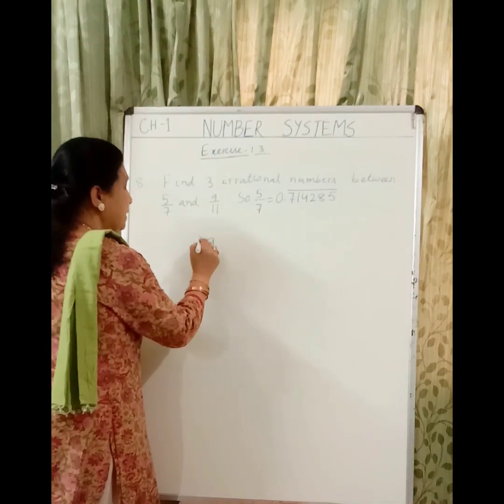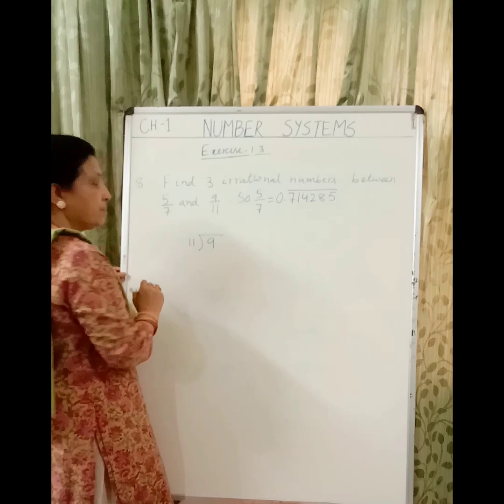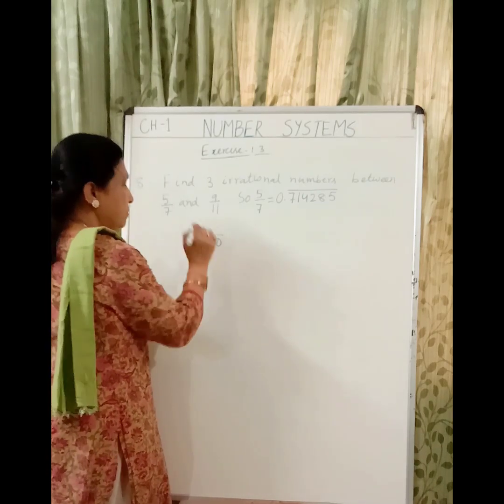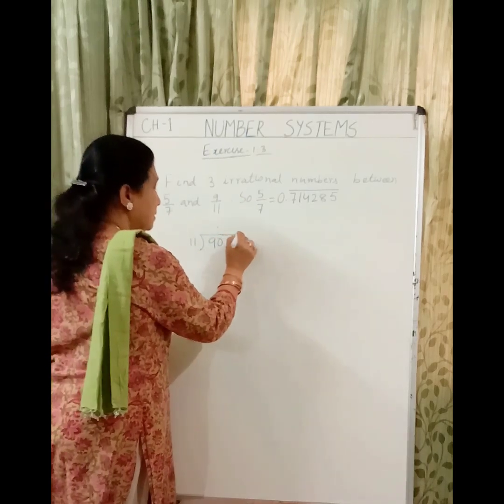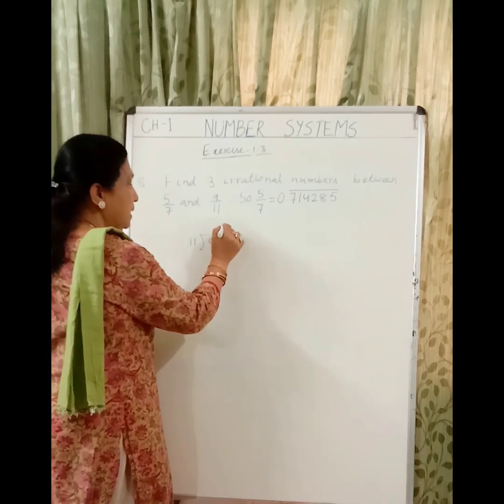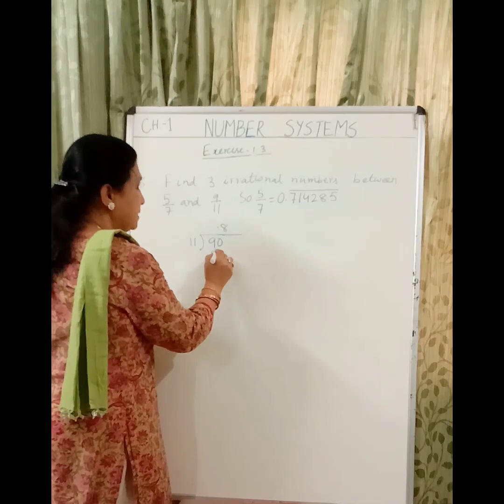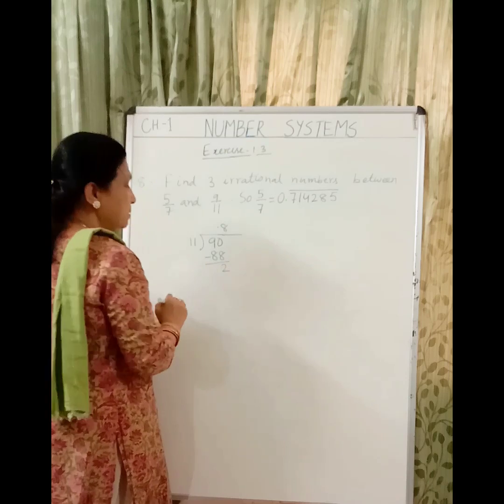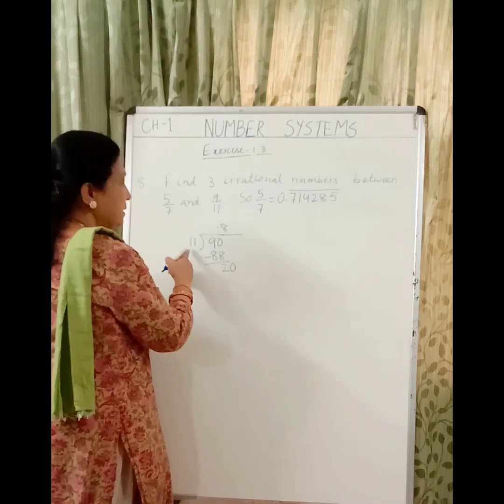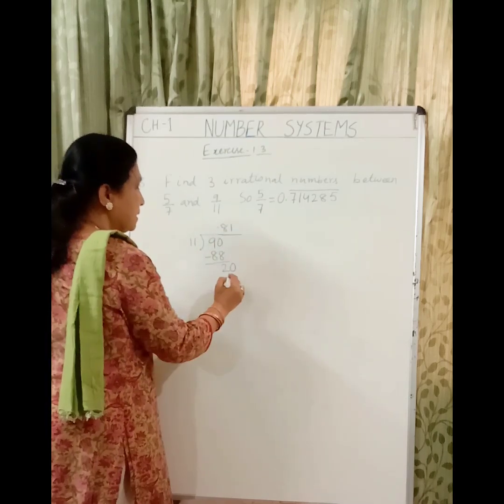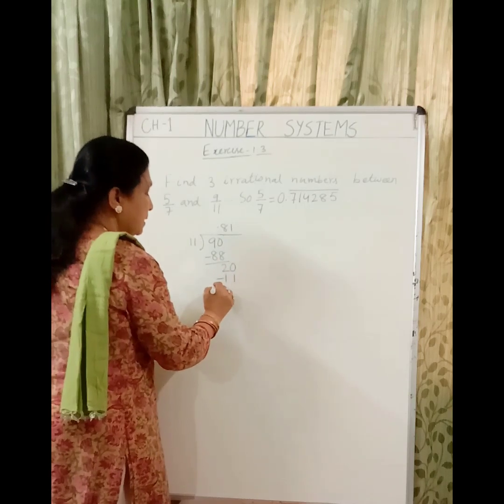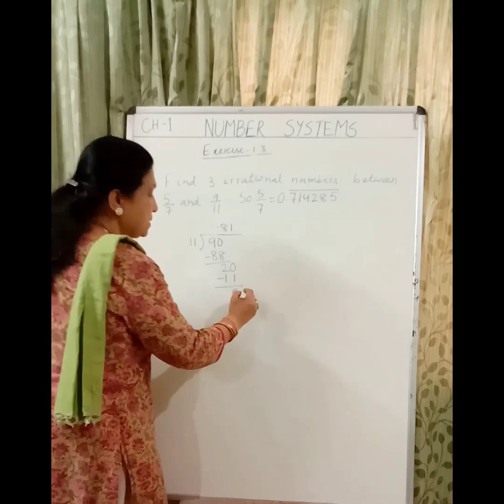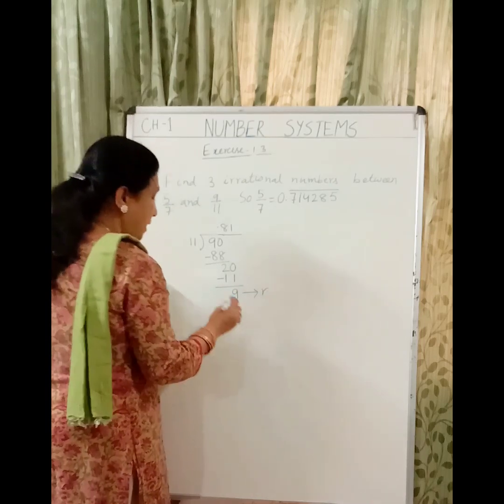9 divided by 11. 9 is smaller than 11, so 0, and at the same time, the decimal point. 11 eights are 88. 2 is the remainder. We'll have 20. Now 11 ones are 11. Now 20 minus 11 is 9. What you can notice here? Remainder is now 9.